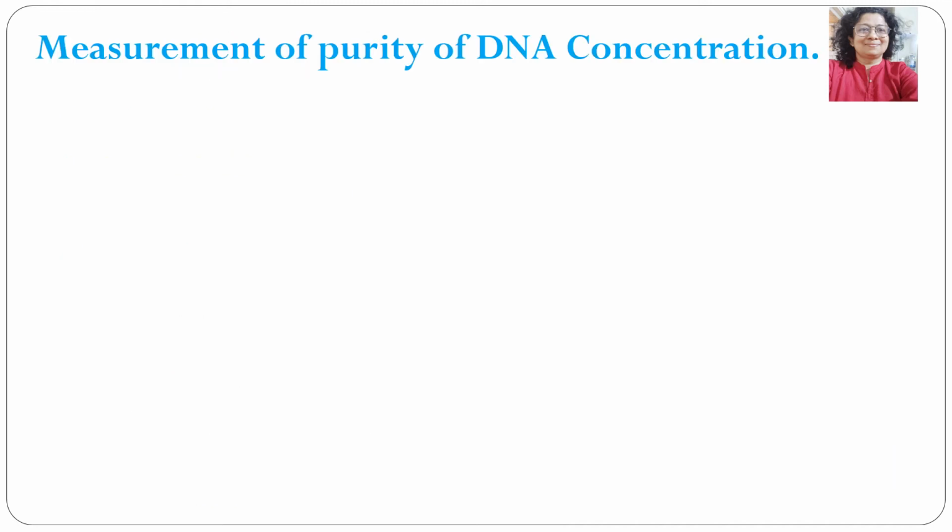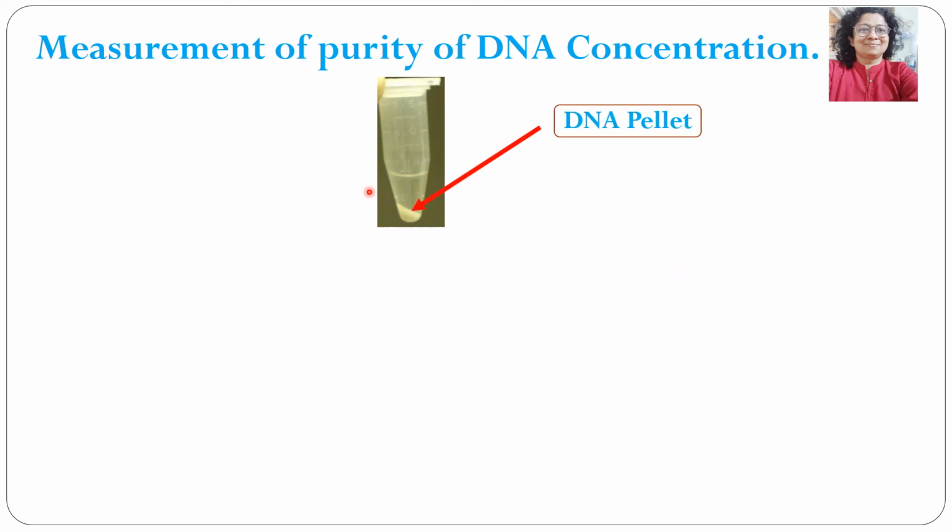Measurement of DNA purity and concentration has to be done after the DNA has been removed from the various impurities. This white precipitate has DNA in it, and now we have to see how pure it is. This DNA pellet will now be checked for its purity.